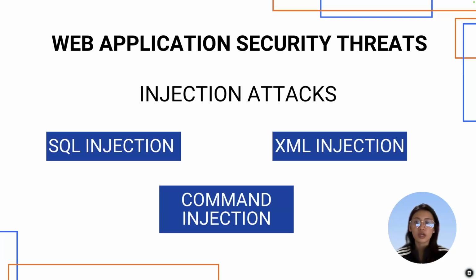A real-life example of this is the 2023 MOVEit Transfer breach. What happened is that the attackers exploited a zero-day SQL injection vulnerability in MOVEit, a managed file transfer software.